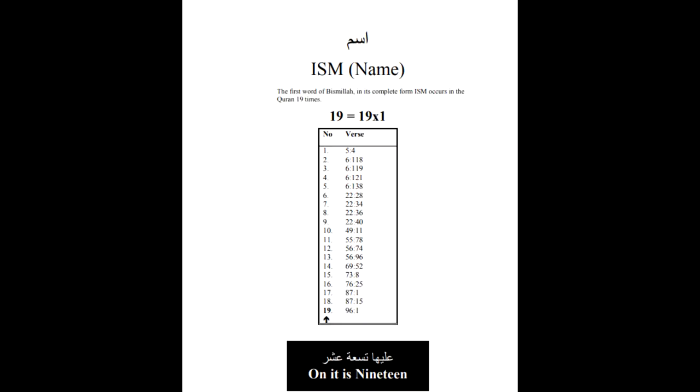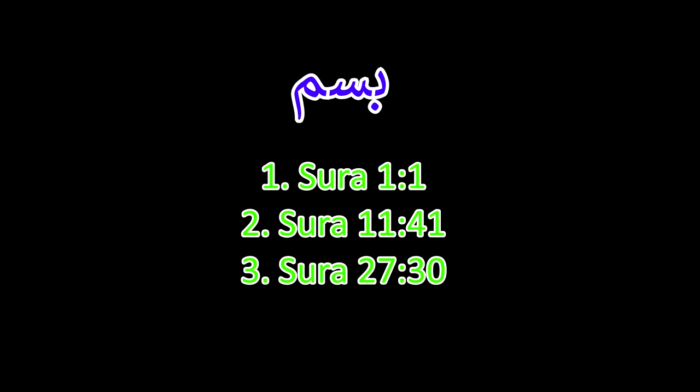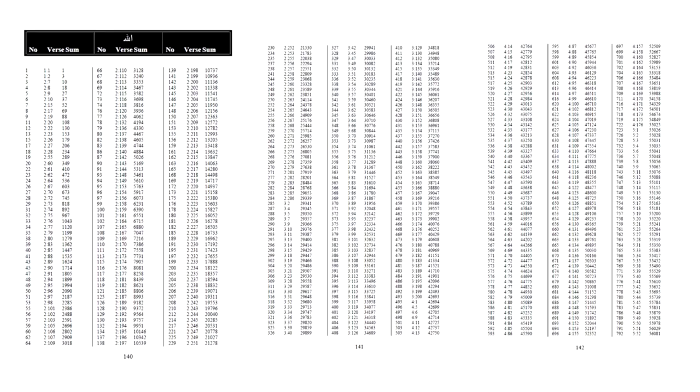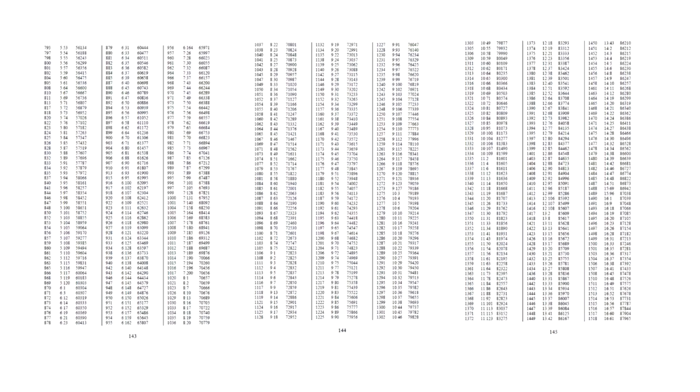I will now show the surah numbers and verse numbers in which these words occur. The word ism occurs exactly 19 times, and in the written form bism exactly 3 times. The word Allah occurs exactly 2698 times. Here you can see the surah numbers and verse numbers.